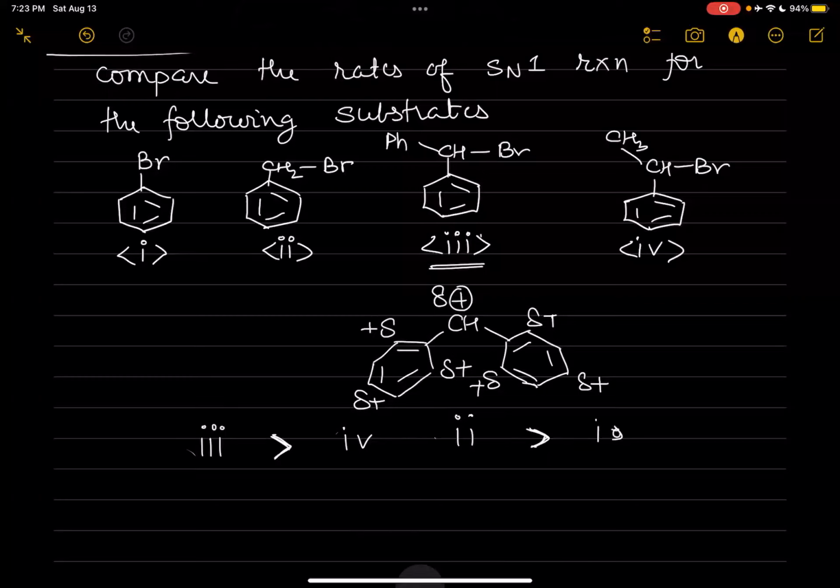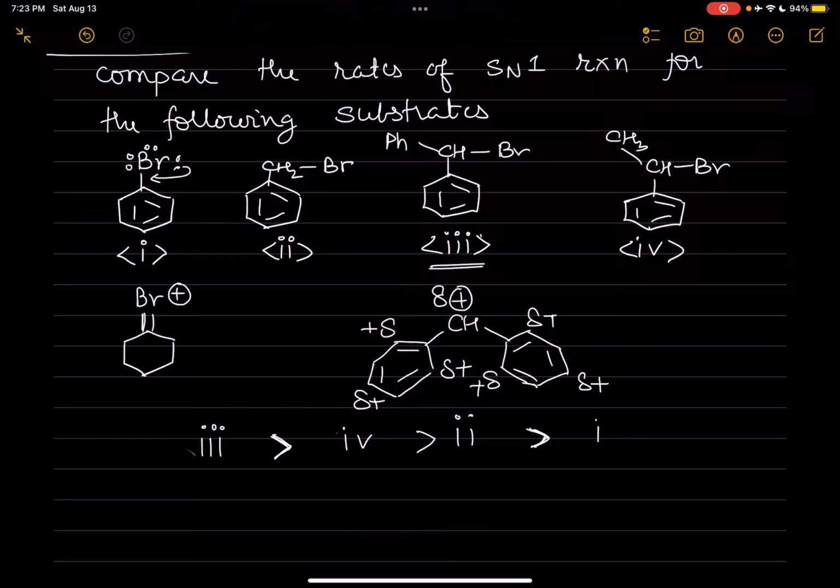A carbocation will form if the leaving group comes out, but in this case the leaving group doesn't want to come out. Why? Because it's highly stable.